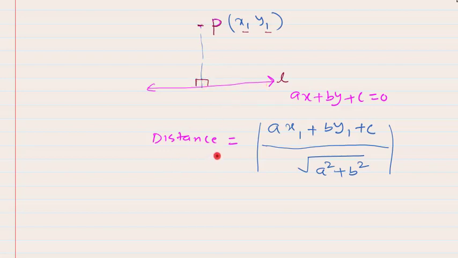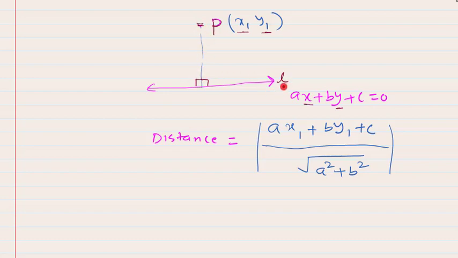Then the distance is given by the modulus of ax1 plus by1 plus c upon square root of a square plus b square. So simply we have replaced x with x1 and y with y1, the coordinates of point P, and this gives us the perpendicular distance of a point from the given line.